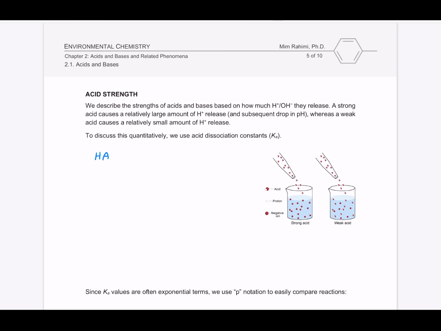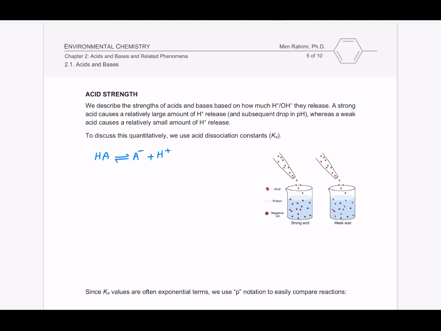So one of the key reactions when it comes to the acid itself, specifically for the weak acid, is this. This would be the standard method we write the reaction. We write it in the acidic way, so that means it's dissociating into proton and the negative ion, not the opposite.